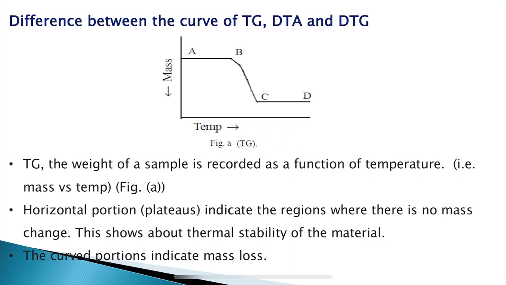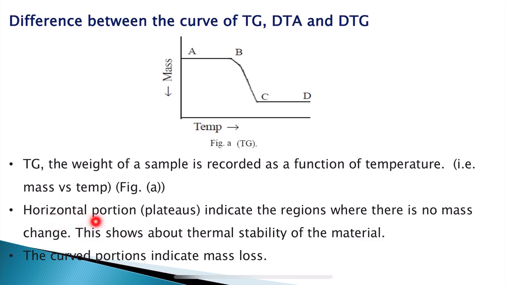What is observed by looking at the thermogram of TGA? Mainly, in this the weight of a sample is recorded as a function of temperature. So we are going to measure the weight of a sample in TG.